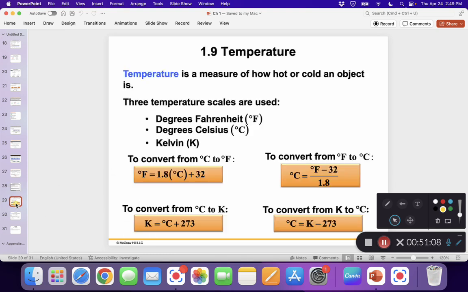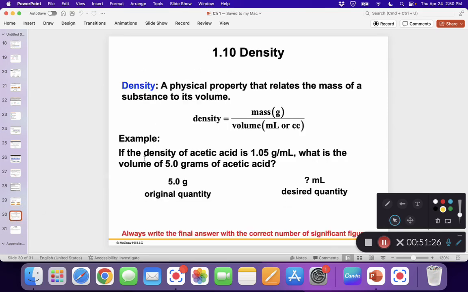So, the other small topics that we will be looking at in this chapter is about the temperature. We can measure the temperature in degree C or degree Fahrenheit or Kelvin. And here are some relationships if you need to convert from one to another. And density is something that we talk about here in the measuring.